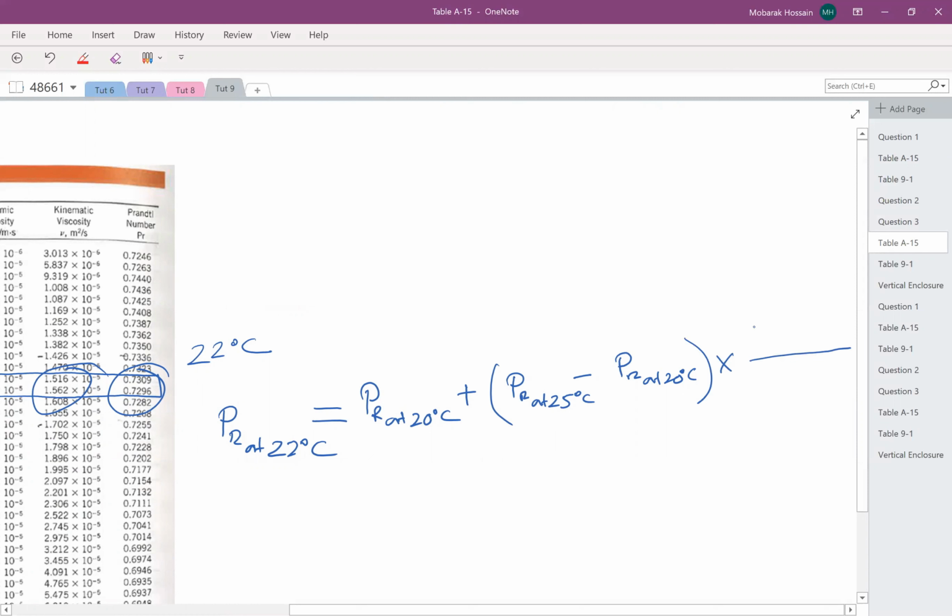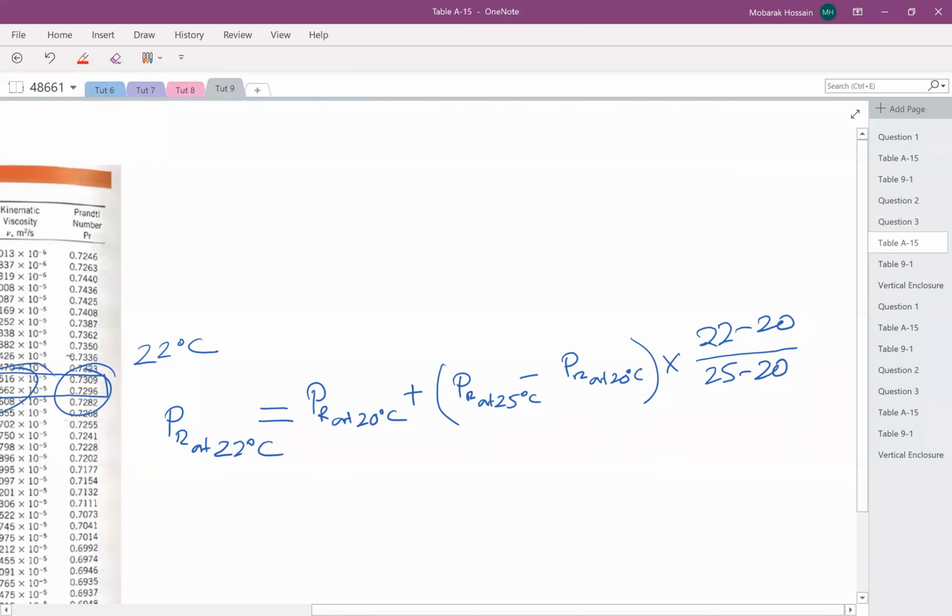So it will be 22 minus 20 over 25 minus 20, so 2 over 5.